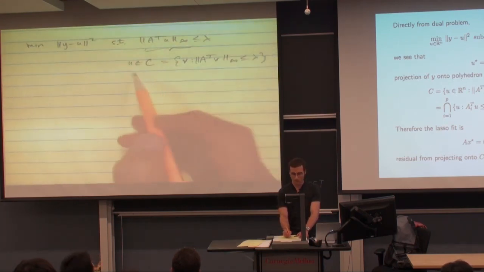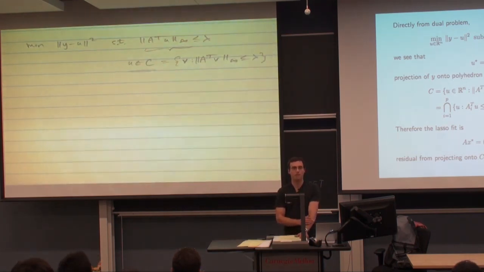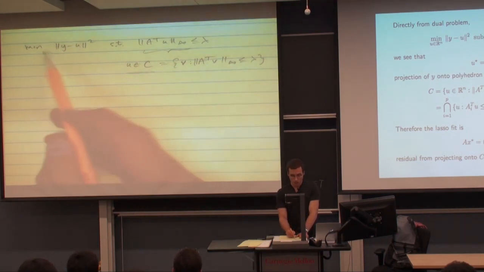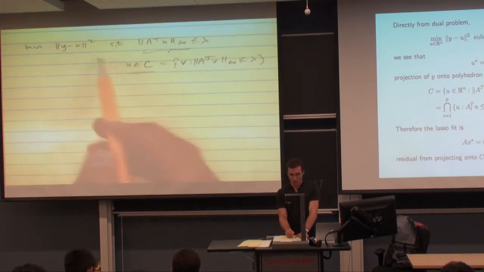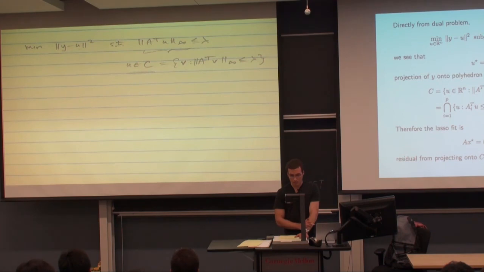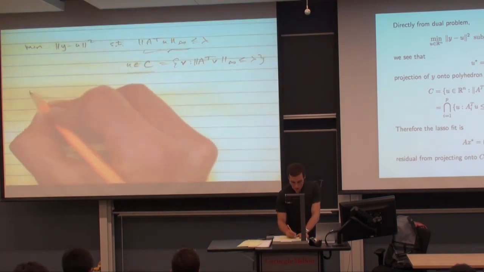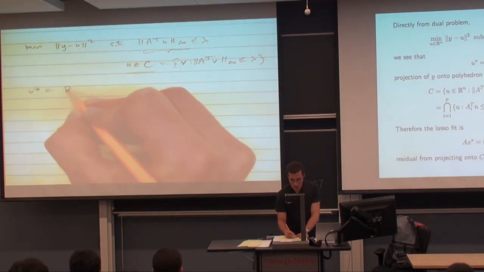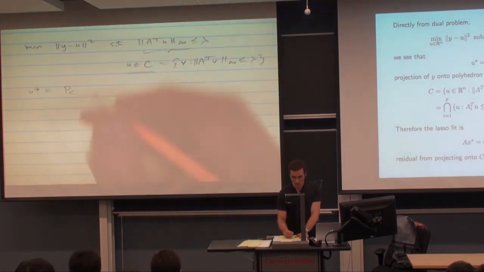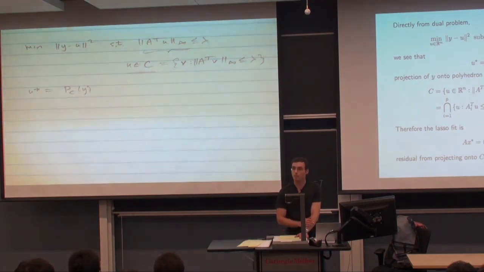So I'm just rewriting the constraint as u in C. So what is it? It's minimize the norm squared of y minus u subject to u being in C. Well, the solution, we know, just by definition of what a projection is, is the projection of y onto the set C. Right?